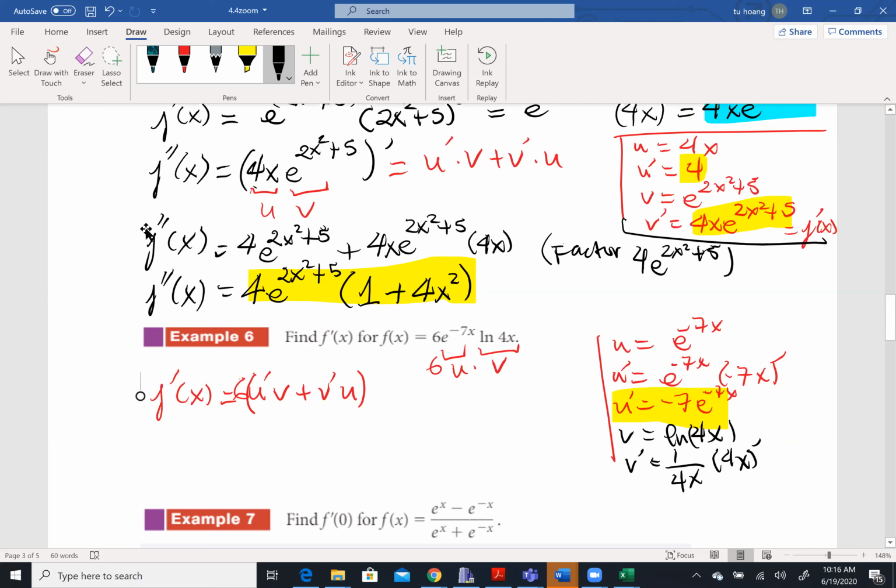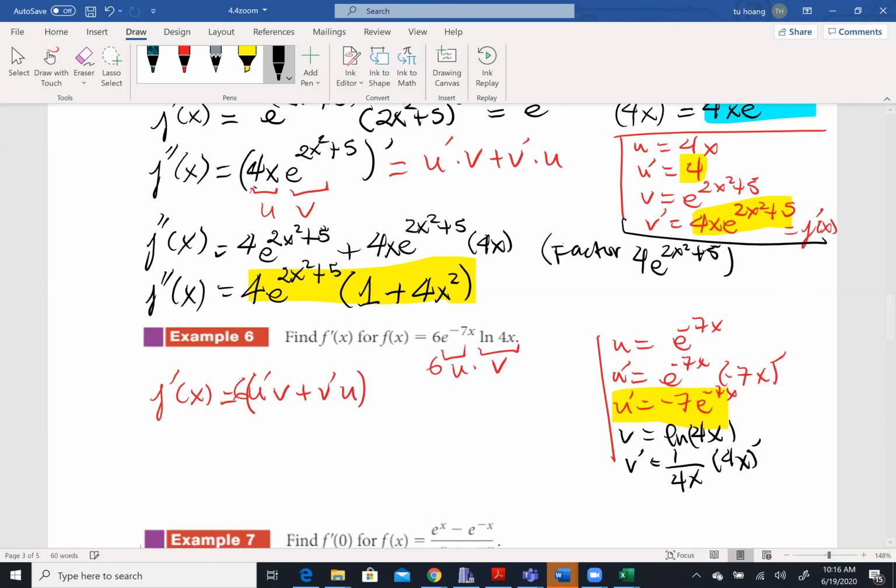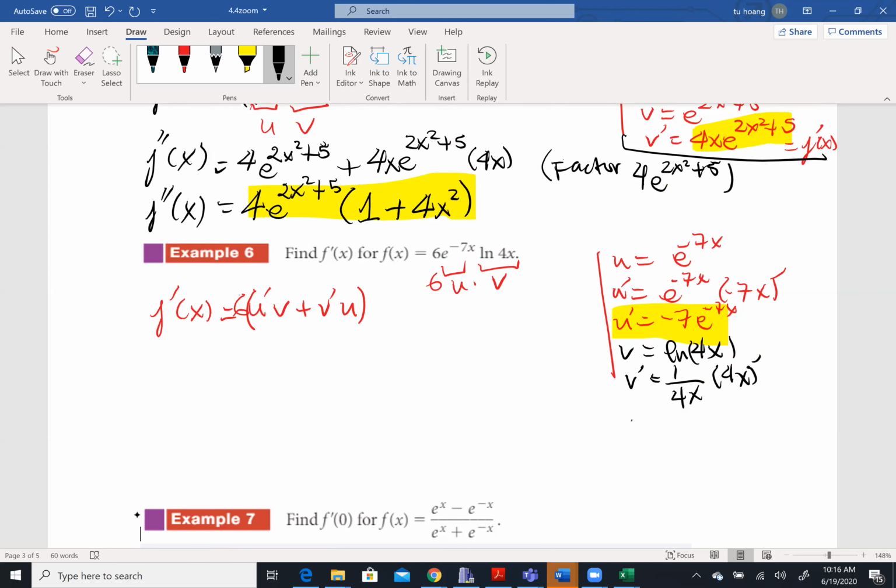So let me move this down. The v derivative will be 4 over 4x, which gives me 1 over x as the v derivative. So I'm gonna color this.